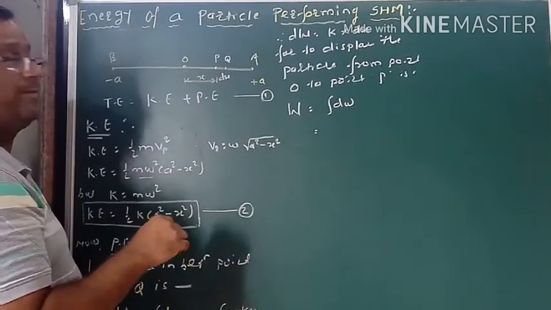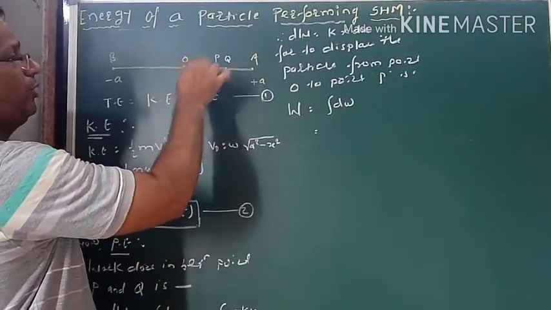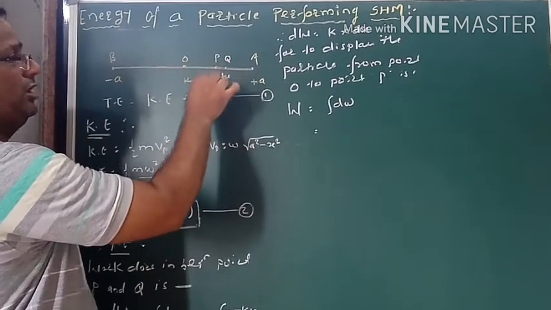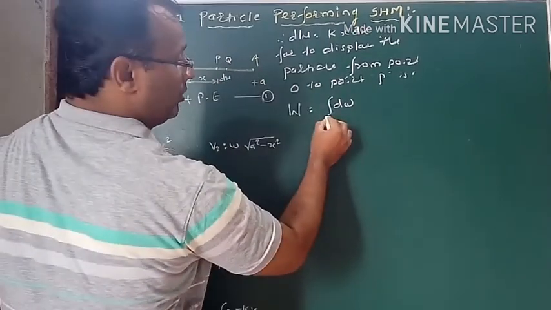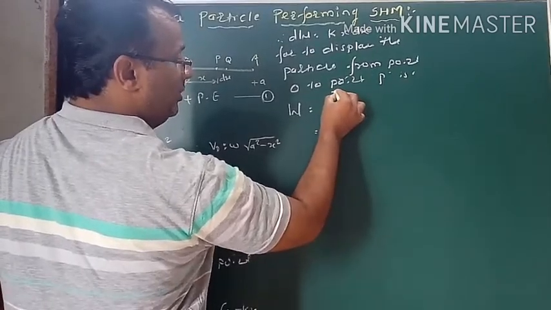Here we want to displace the particle from point O to point P. It means from distance 0 to distance x. So that's why here we give the limit from 0 to x.